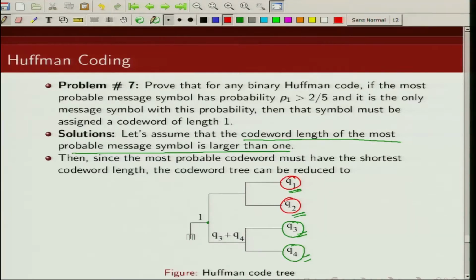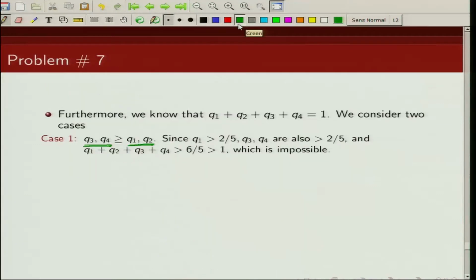And in the second case, we will assume these two probabilities are more than these probabilities. So if Q3 and Q4 are more than Q1 and Q2, and since Q1, that message symbol with probability greater than 2 by 5, is there at Q1, Q3 and Q4 must also be greater than 2 by 5.